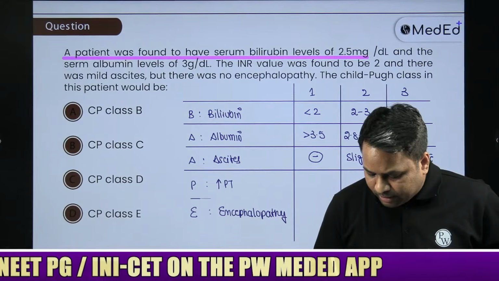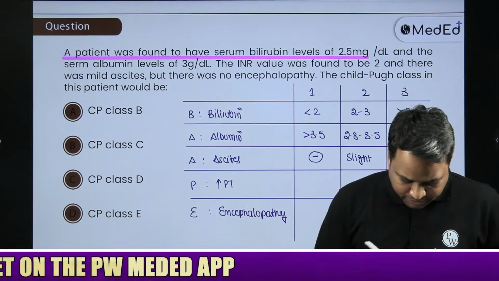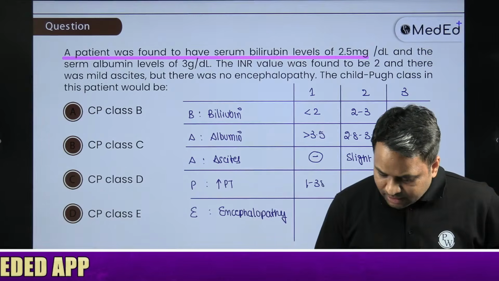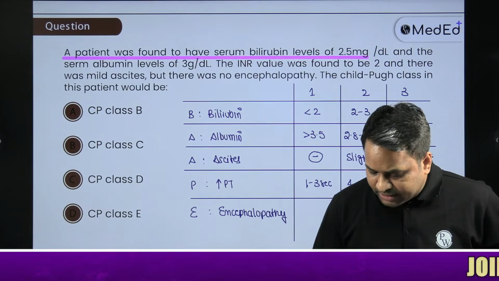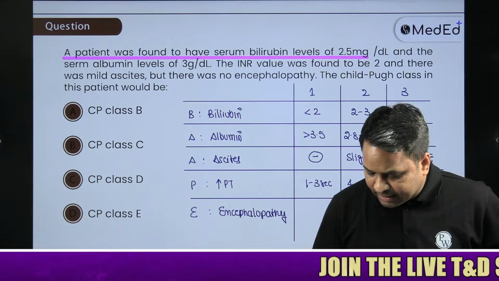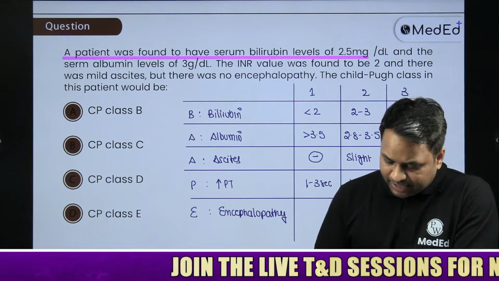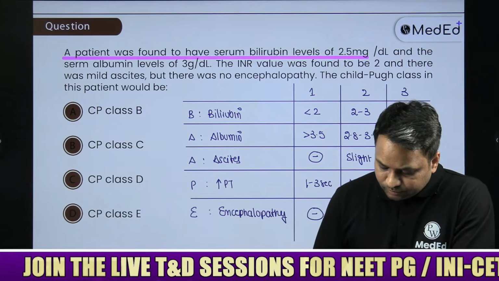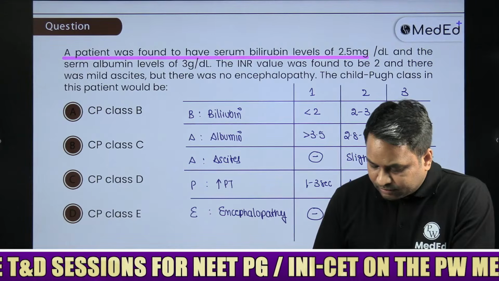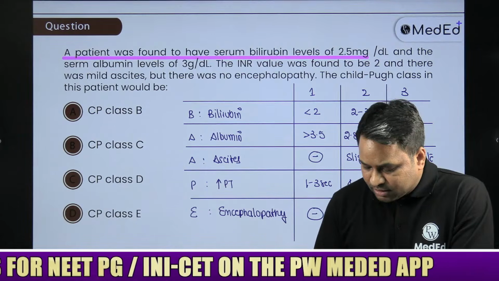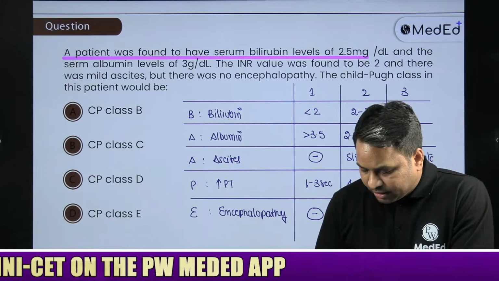How much does the prothrombin time increase from its normal value? If the increase is between 1 to 3 seconds, score of 1. 4 to 6 seconds, score of 2. More than 6 seconds, score of 3. Encephalopathy absent, score of 1. If it is minimal, 2, and advanced is going to be 3, right?